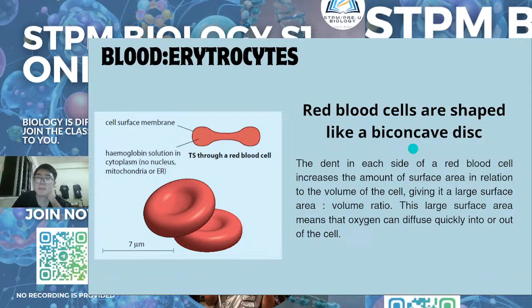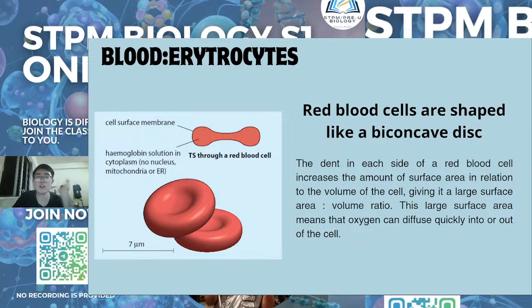The most important thing is the shape, which is a biconcave disc shape, right? The main characteristic is that it does not contain any nucleus, right? And it contains hemoglobin.